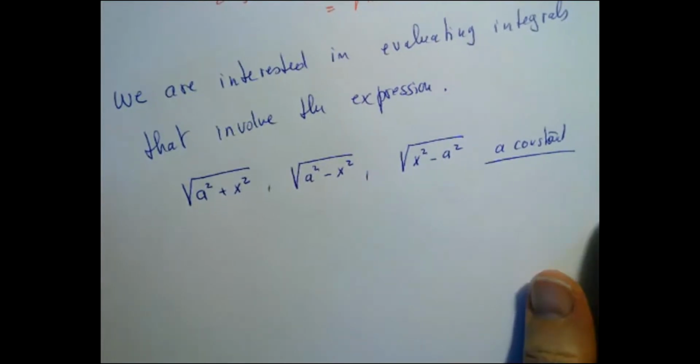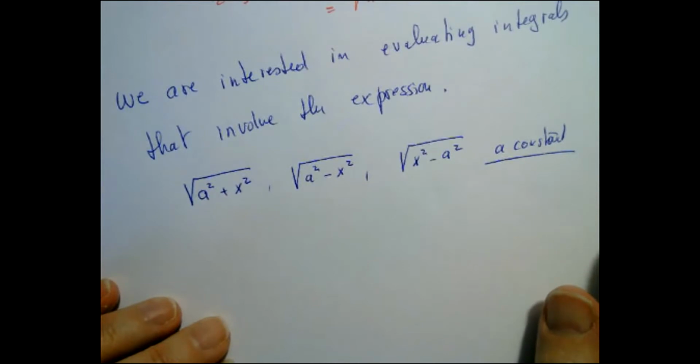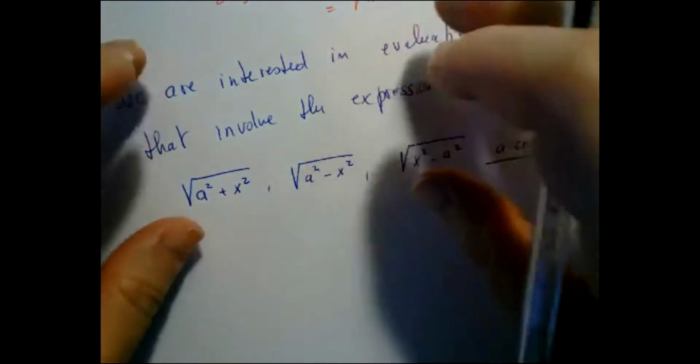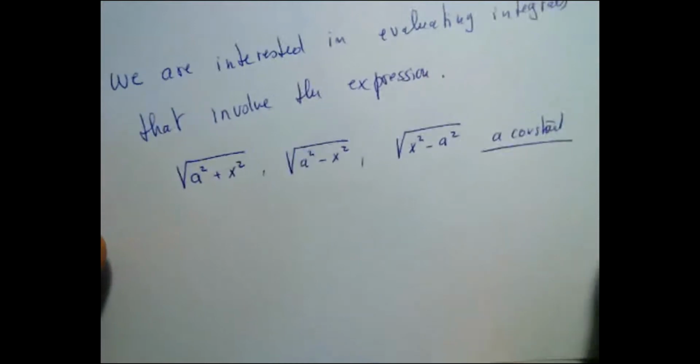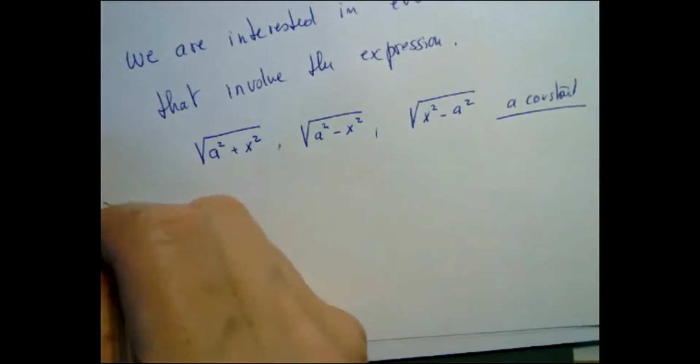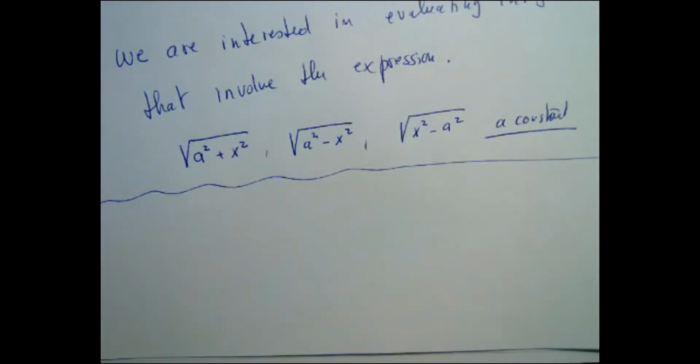Okay, so before we do that, there is one integral I'd like to establish because we will be using it tremendously in this section, and then we start talking about how to handle those types of integrals. In this section, we will be integrating functions that involve sine and cosine.